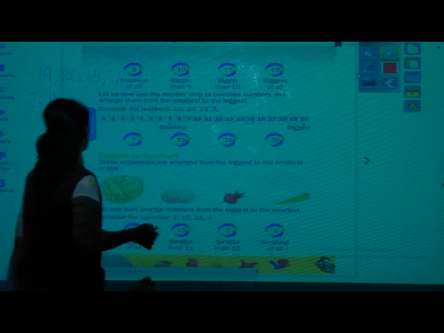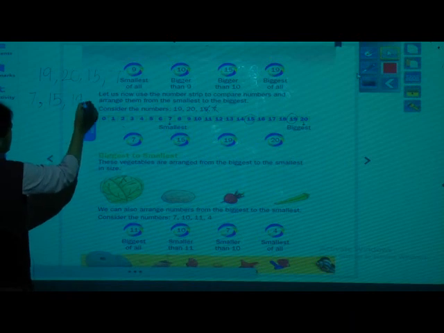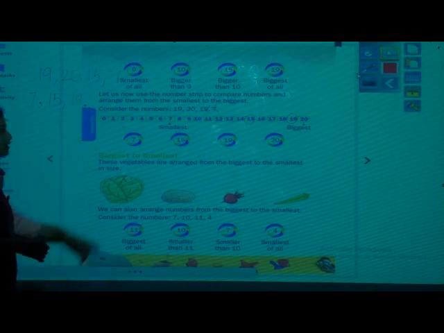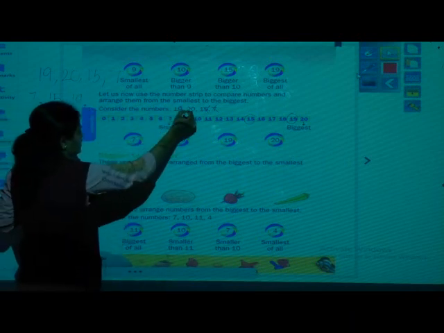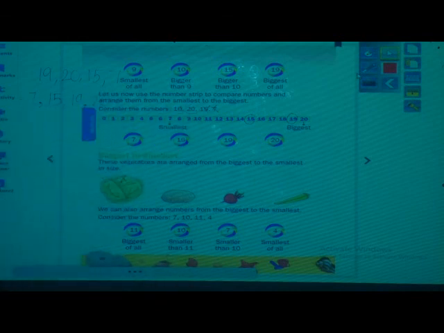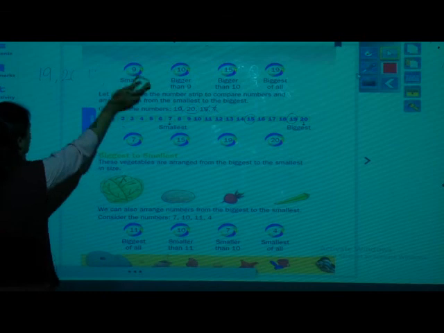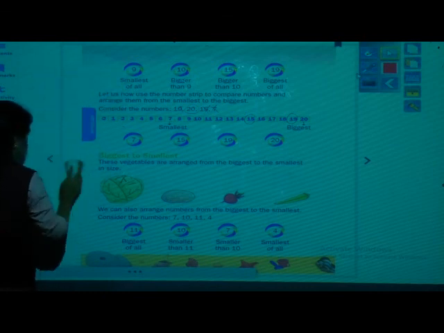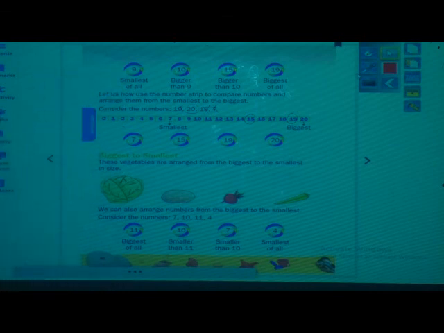So 19 is bigger than 15 and the last 20 is biggest. Understood? So in this way we have to arrange the numbers from smallest to biggest.